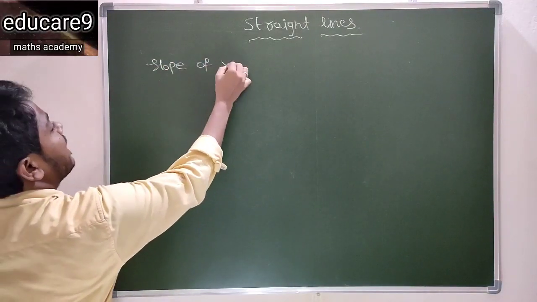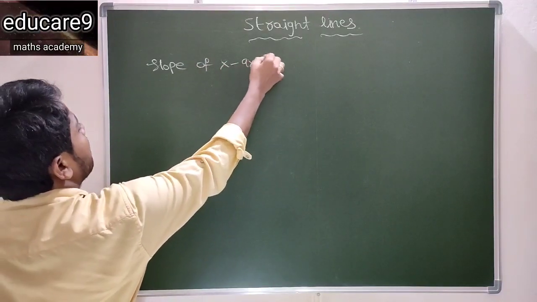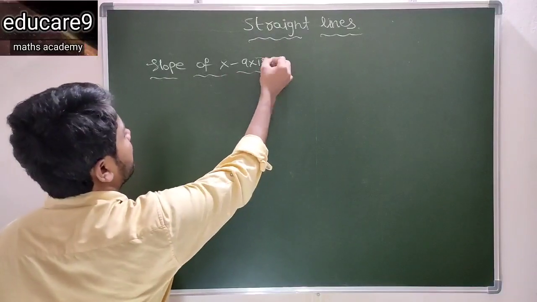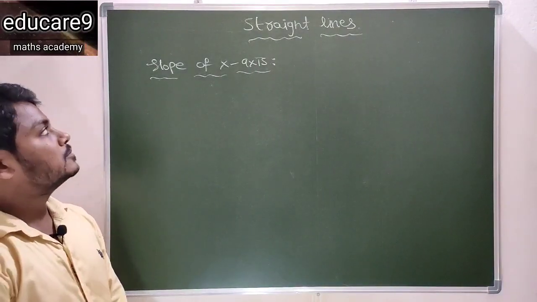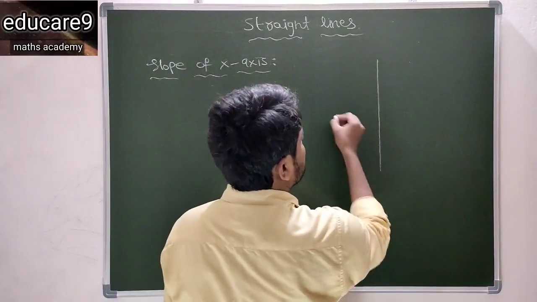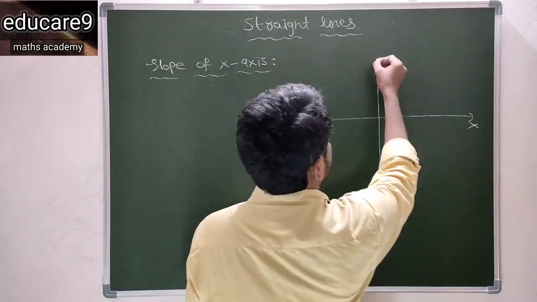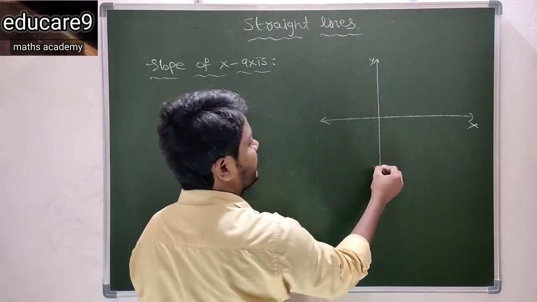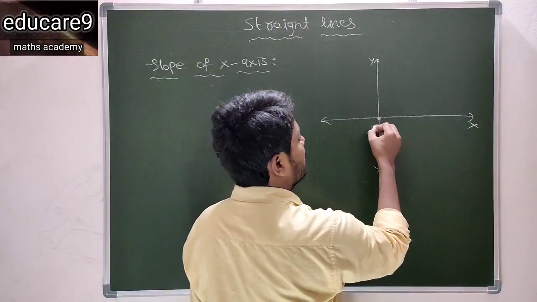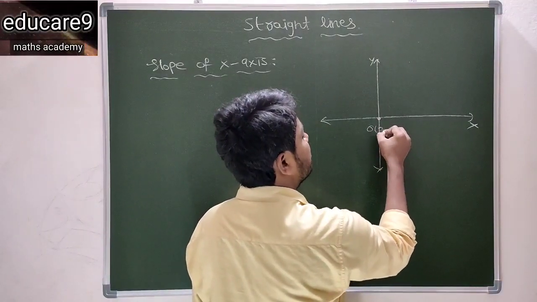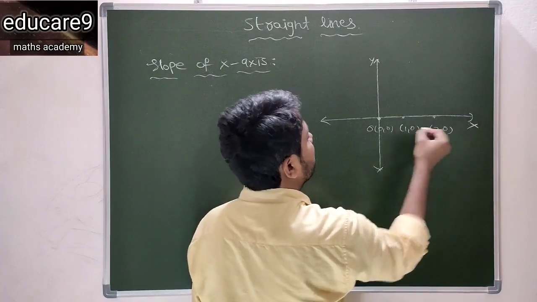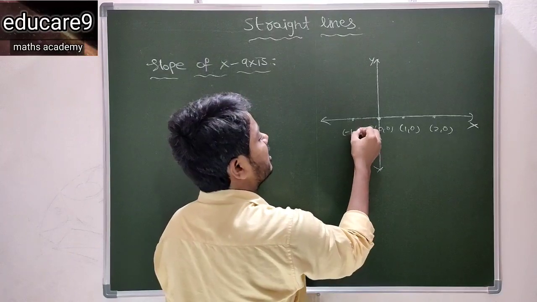So next one, slope of x-axis. So see here, what is the slope of x-axis? So consider the coordinate axis. This is x and y axis. Okay. So clearly on x-axis, what are the points? This is origin 0, 0. This is 1, 0, and this is 2, 0, and this is minus 1, 0.